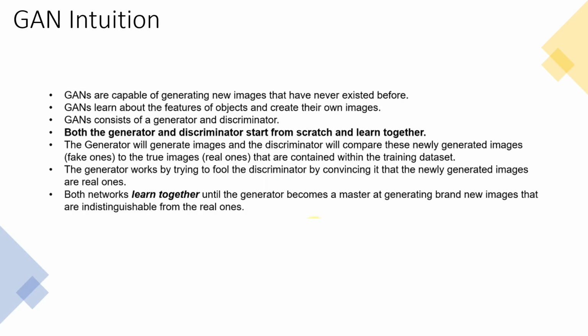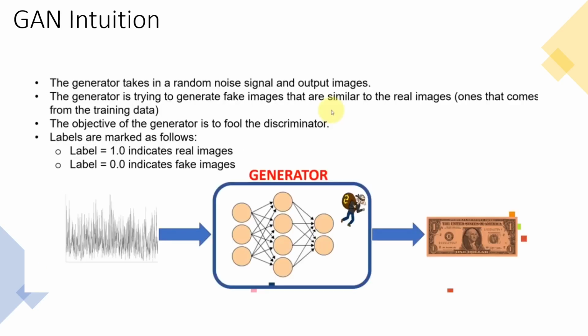Okay. And the generator works by trying to fool the discriminator by convincing it that the newly generated images are real ones. Both networks learn together until the generator becomes a master at generating brand new images that are indistinguishable from the real ones, or until it converges.